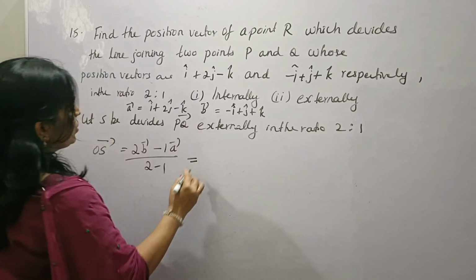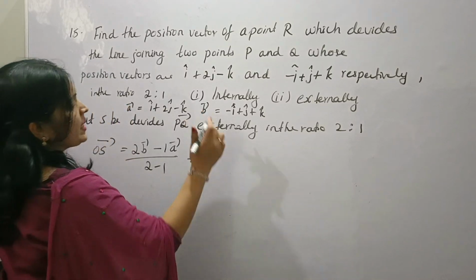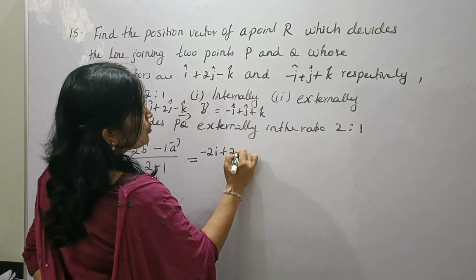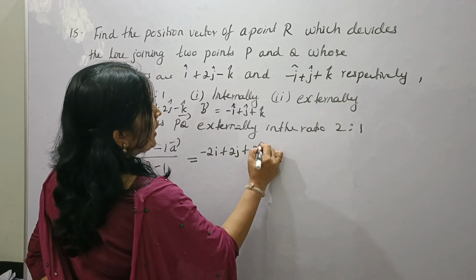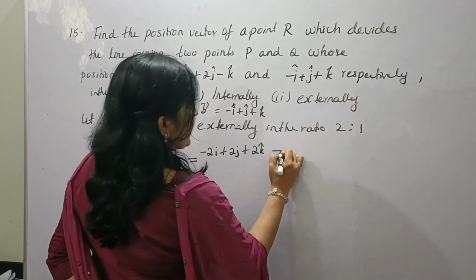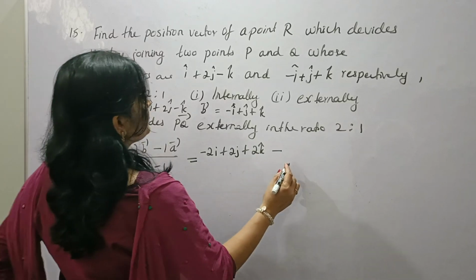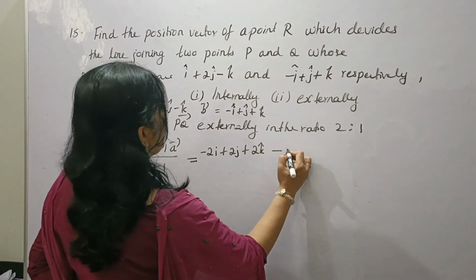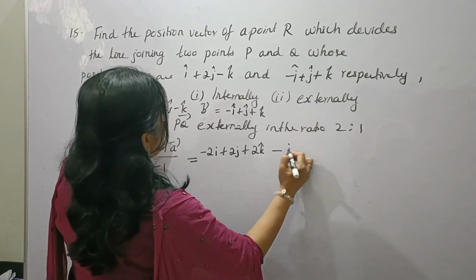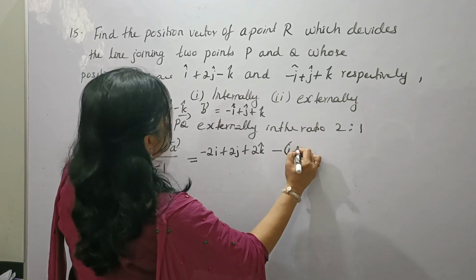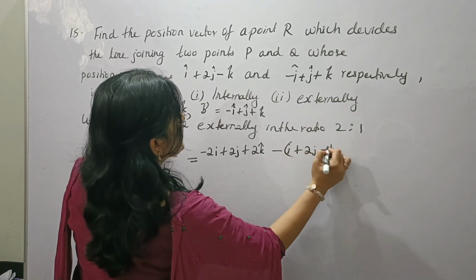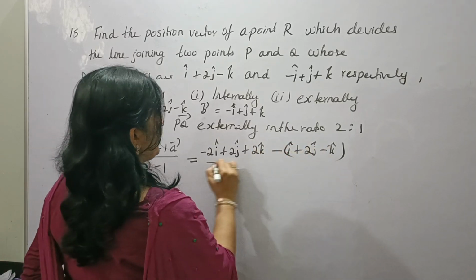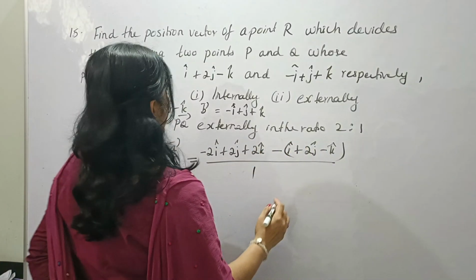That is equal to 2 into vector B is minus 2i plus 2j plus 2k, minus here, i plus 2j minus k, divided by 2 minus 1, 1.